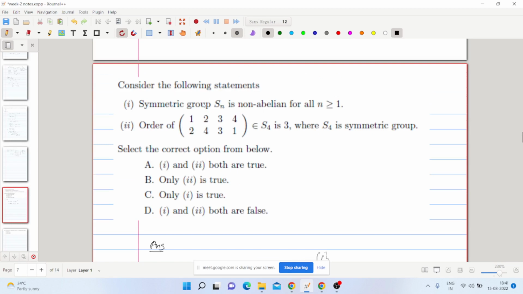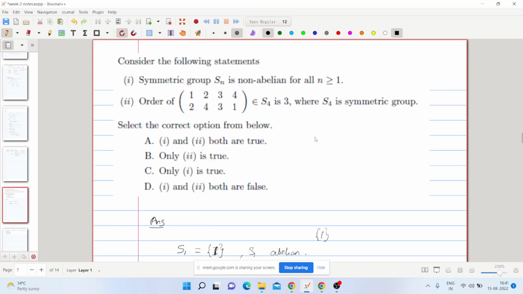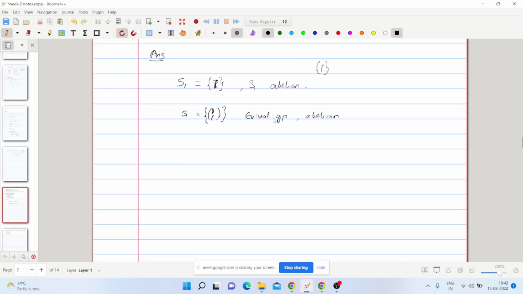So here they are saying Sn is non-abelian for n greater than or equal to 1. For n equal to 1 it is abelian. Now we will see S2. What are all the elements in S2? S2 means the permutations of the set {1, 2}, right?